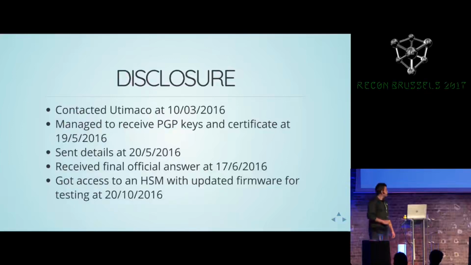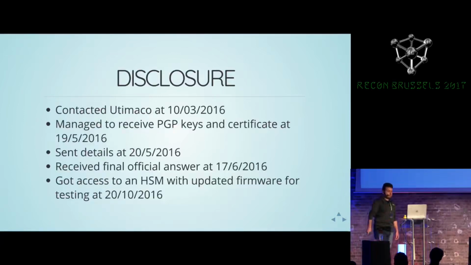Something that's very interesting is the disclosure timeline. I first tried to contact Utimaco on the 10th of March 2016. I just wanted their PGP keys or a certificate because I couldn't find them anywhere on their website. After 2 months, I finally got the PGP keys.